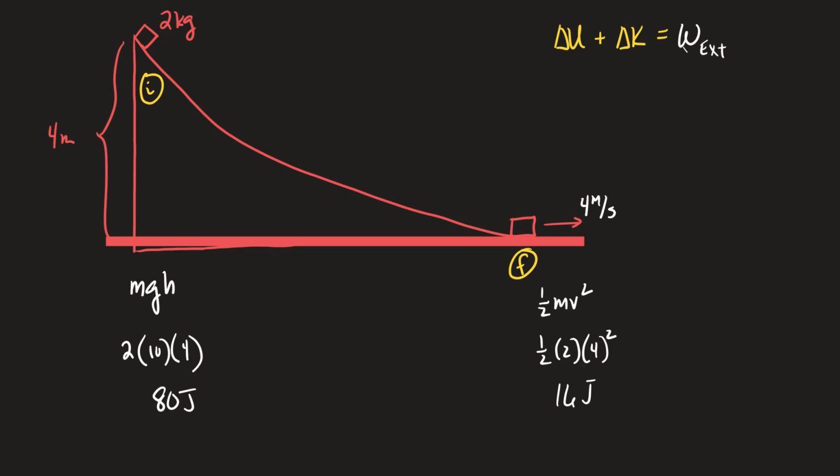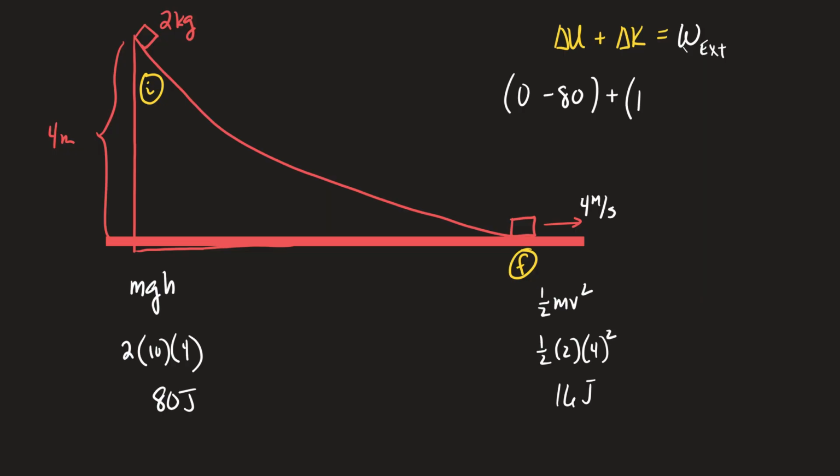Let's use this to figure out how much energy was lost. And if I do, remember this is going to be U final minus U initial. Well, the final potential energy is 0 because we're at the reference level, and the initial was 80. And then we're going to add the change in kinetic energy. Well, that's going to be K final minus K initial.